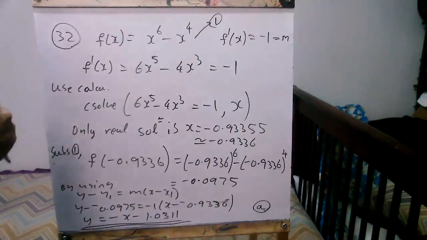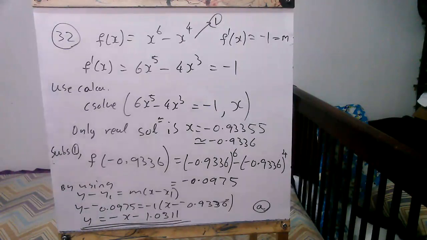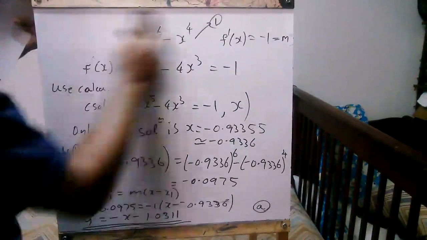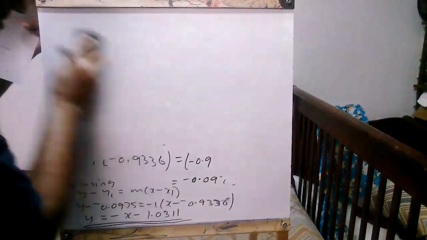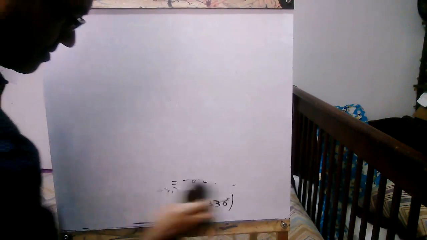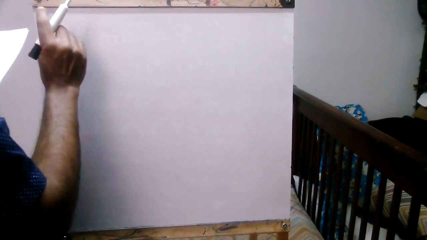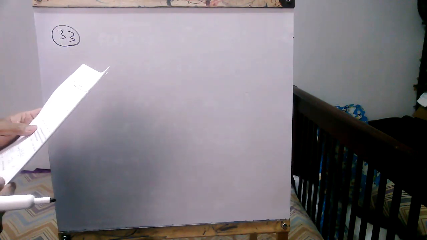Question number 32. Okay, 33. The graph of y equals 0.5x to the 4 and so on, where k is a constant, is shown below.